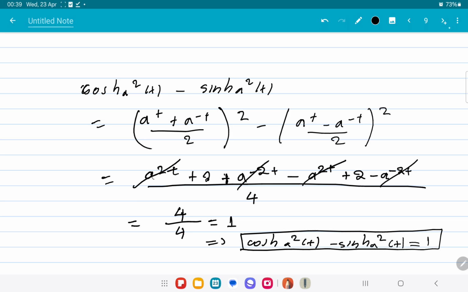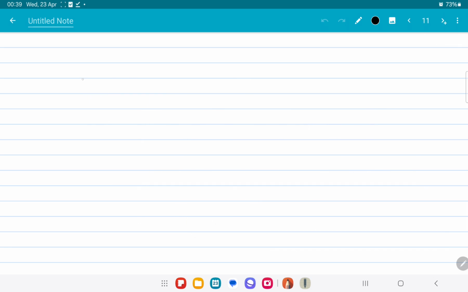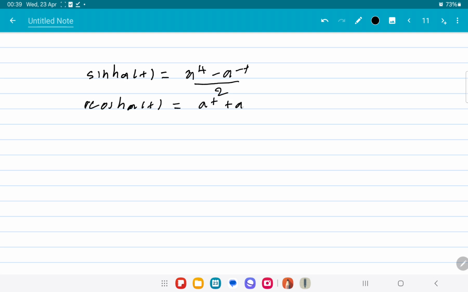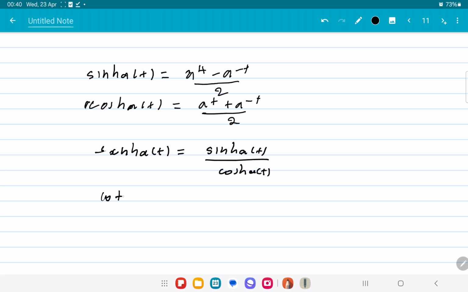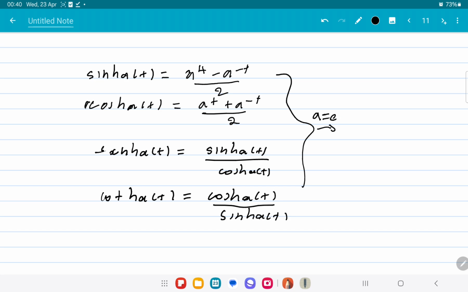What is so special about these functions is that if I take the expressions sine hyperbolic a t, cos hyperbolic a t, tan hyperbolic and cotan hyperbolic, and I plug in a equal to e, the Euler number, I go back to my hyperbolic functions.